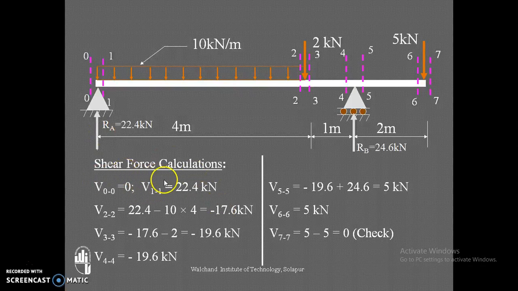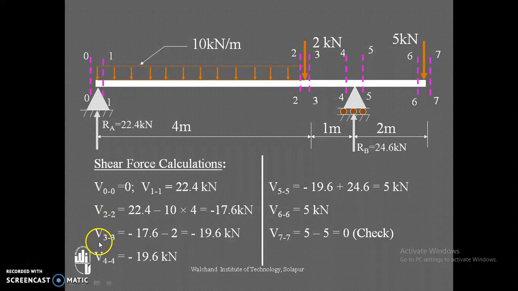Now the shear force at section 2-2, just left of this concentrated load: RA upward, 22.4 kilonewton, minus the total load of the UDL, 10 into 4 kilonewton. So the shear force at 2-2 is negative 17.6 kilonewton.